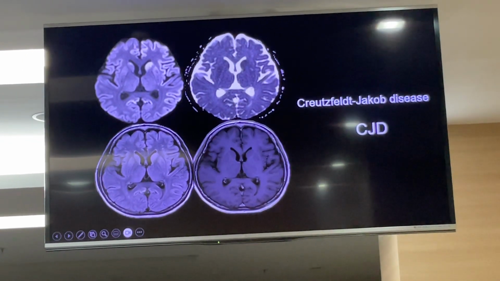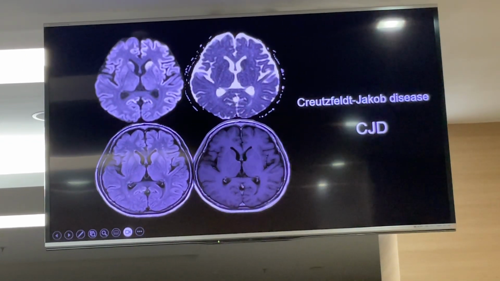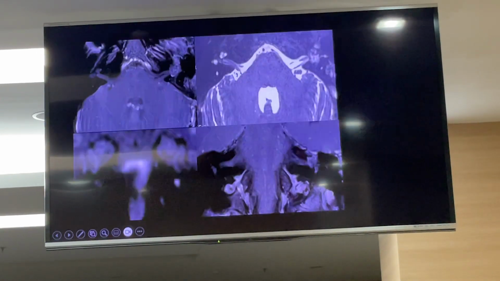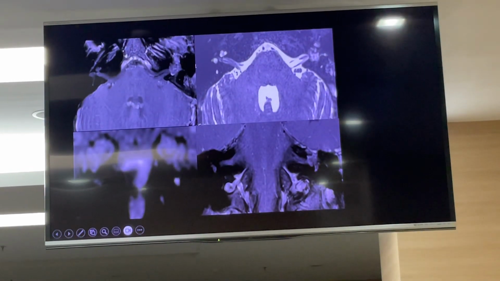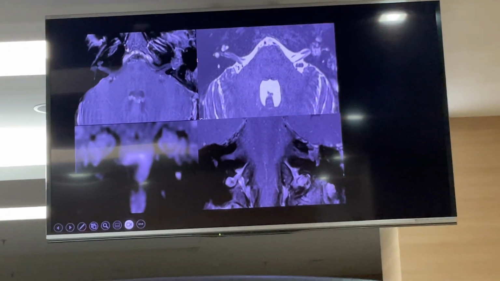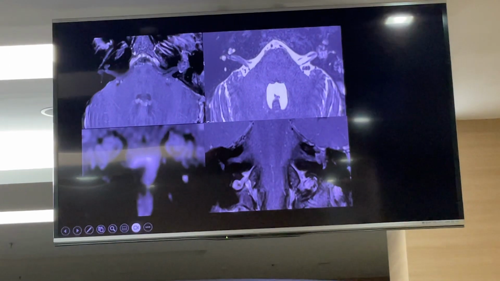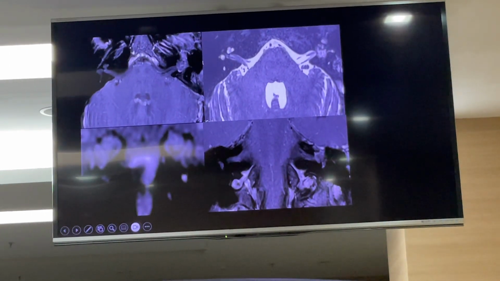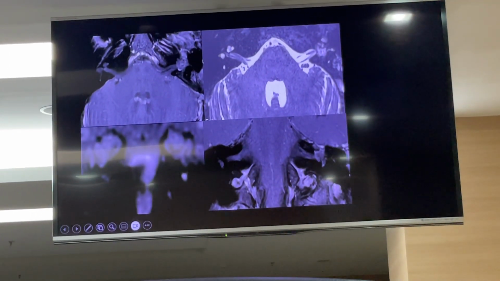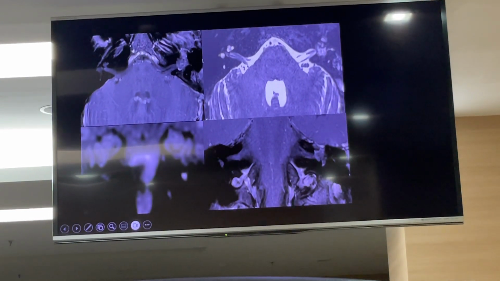The radiologist has to recognize the abnormality compared to the normal. In this patient, he had a surgery a few years ago and a different disease was clinically ruled out. We see the lesion at the middle ear, with no enhancement of the lesion, just peripheral enhancement.